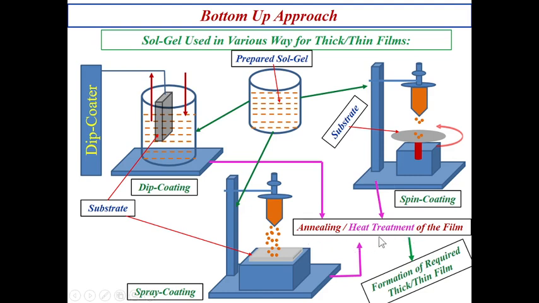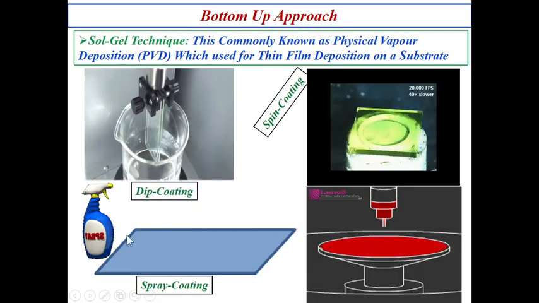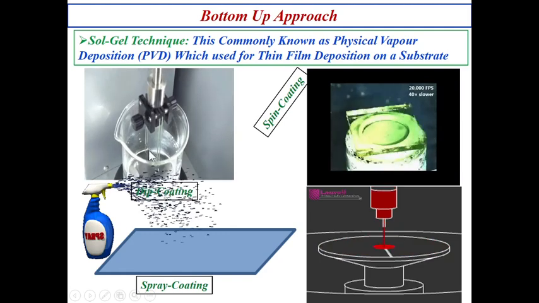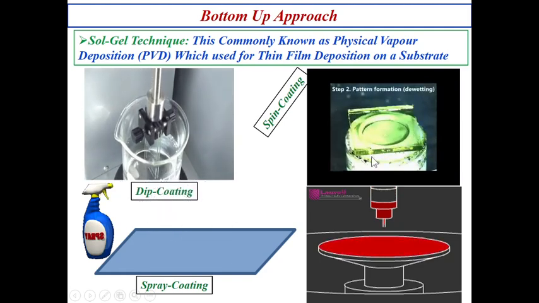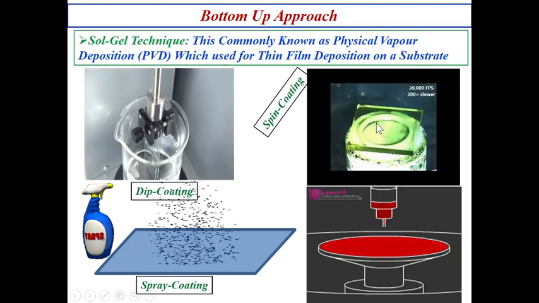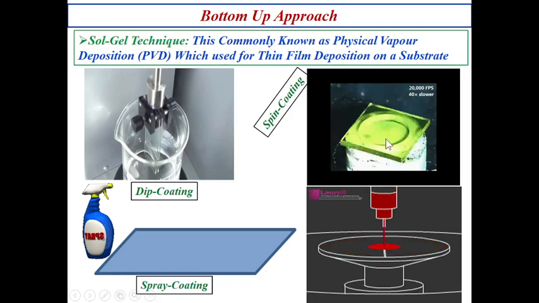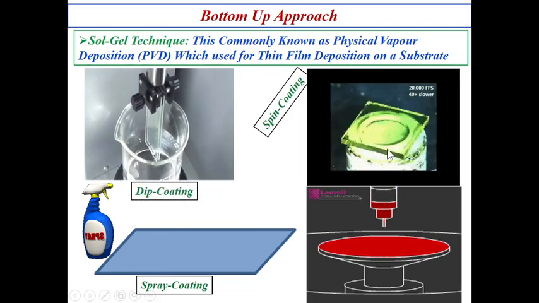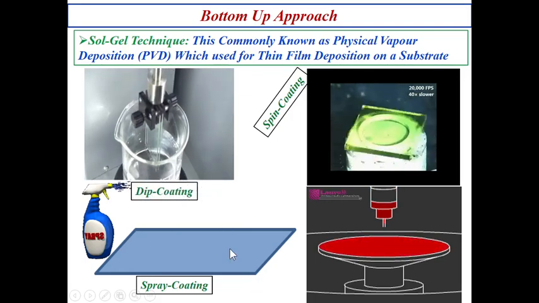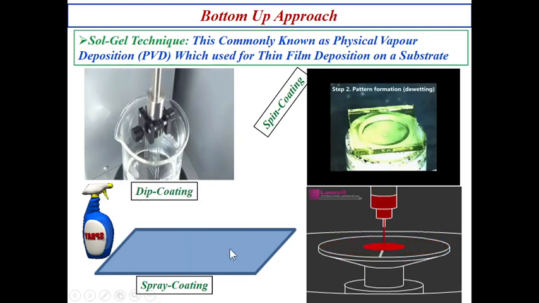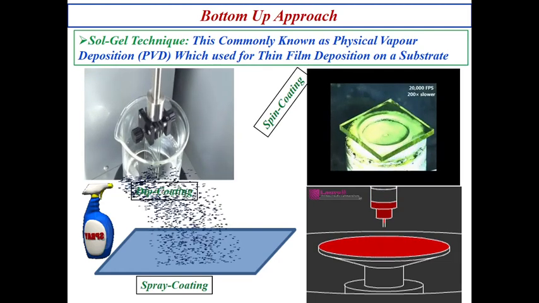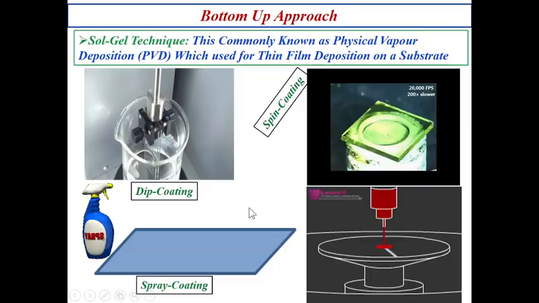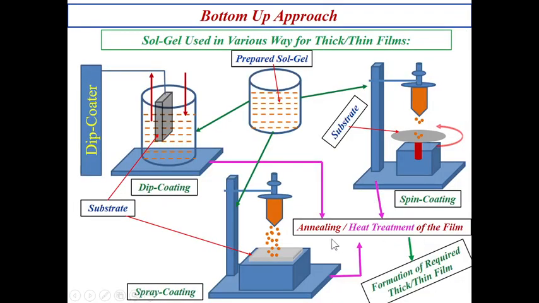Annealing means heat treatment. So after spray, after dipping the substrate, after doing spin coating, the films, thick or thin, are going to go with annealing.